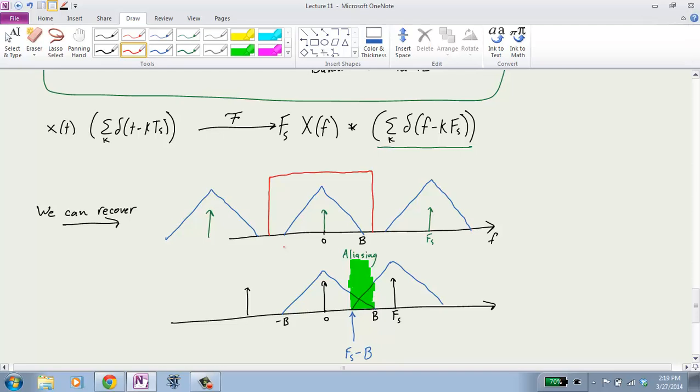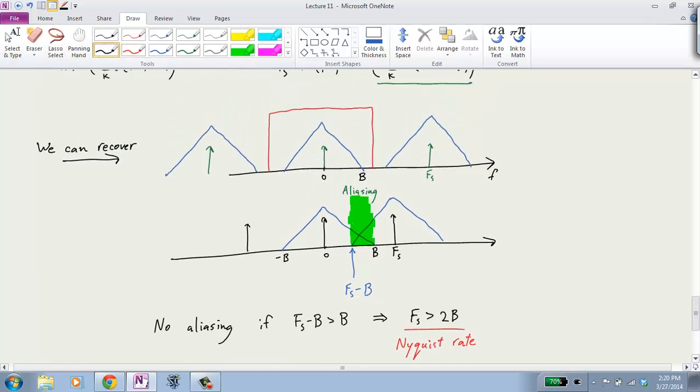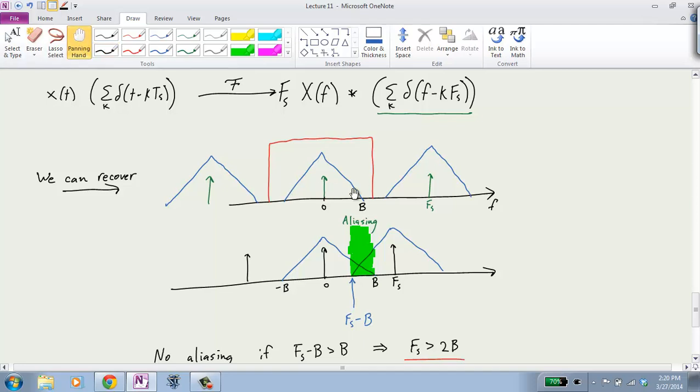And if it's passing low frequencies and getting rid of high frequencies, it's a low-pass filter. The ideal low-pass filter is simply H of f equals something to do with rect. Now let's be a little more specific in this particular case. What cutoff should we have in frequency to recover x after we've sampled at Fs?